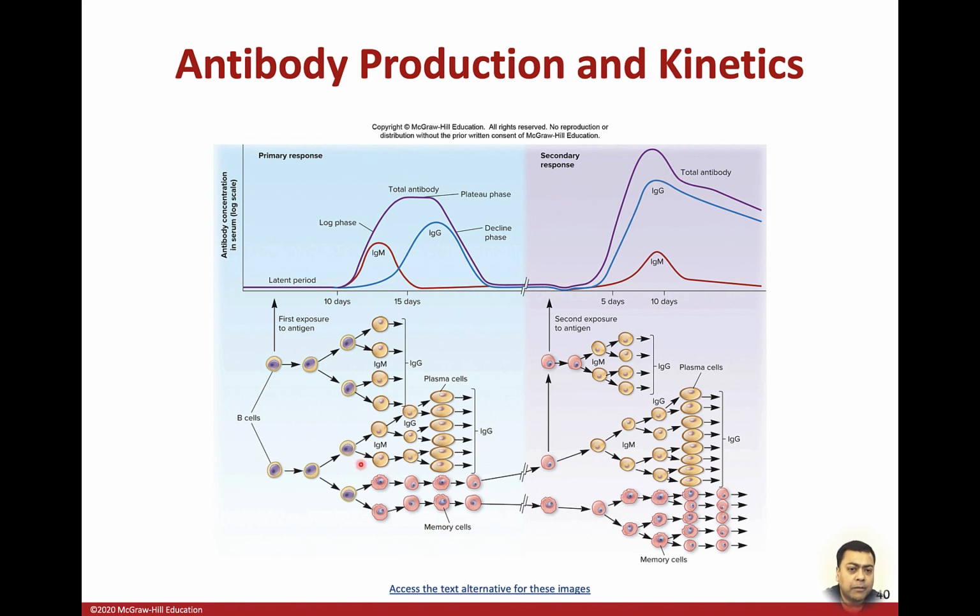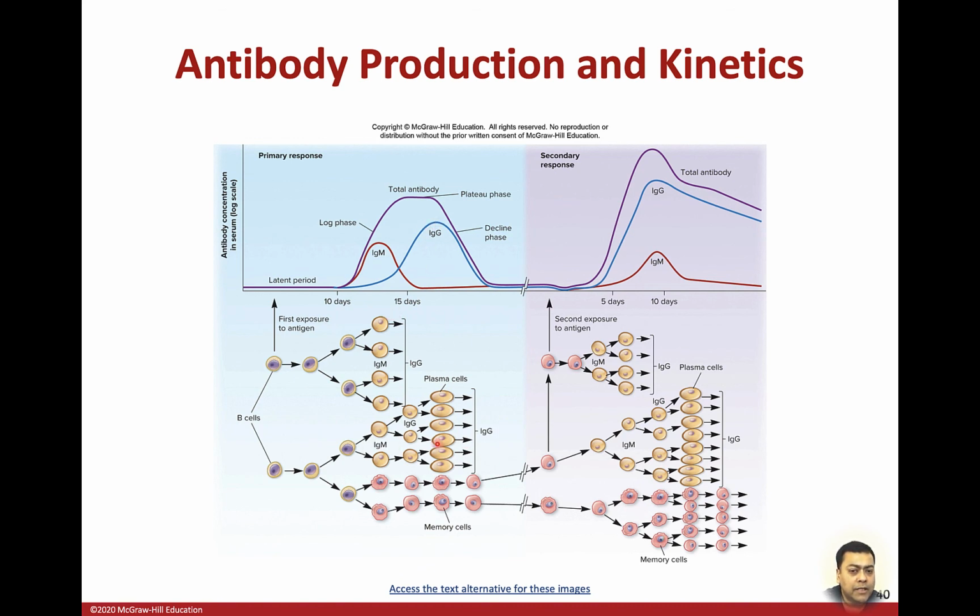Here you can easily see that this is a B cell which will proliferate, and it will secrete the IgMs first, and then it will switch from IgM producing cells to IgG producing cells. It is the same cell that will produce the IgG, and at this time it will be converted into plasma cells, and the plasma cells produce the IgG in a very, very large amount.